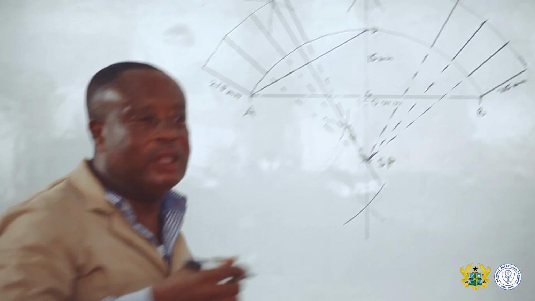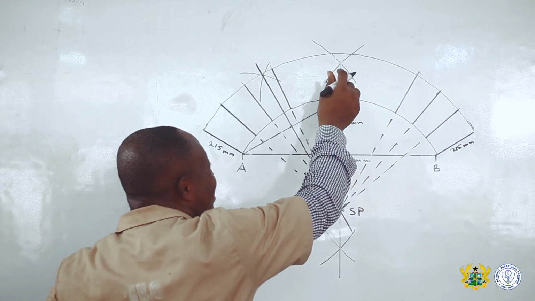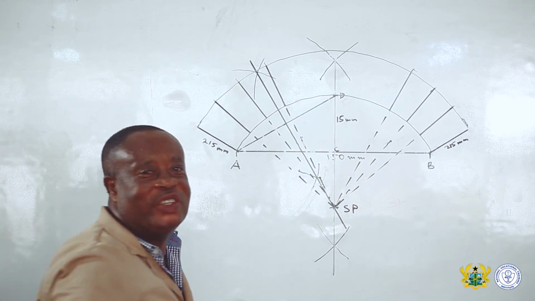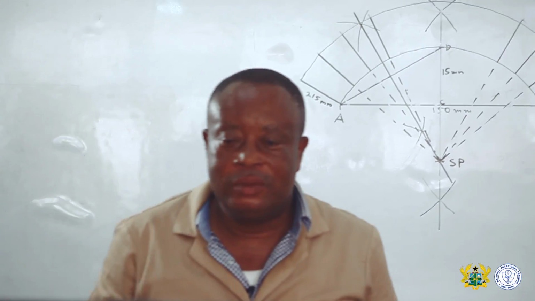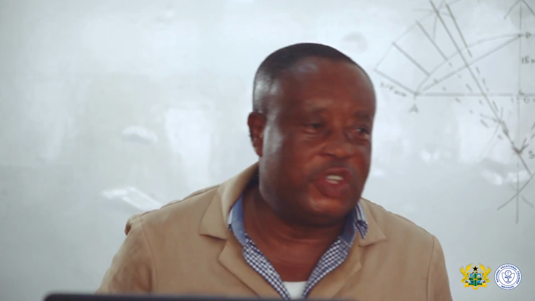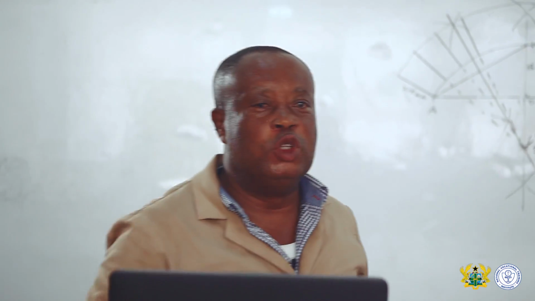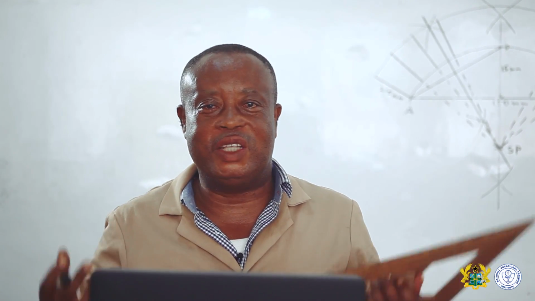I hope you can just continue your marking until you reach the end. In summary, if you want to bridge an opening using an arch, as technicians, you have to know how to set out. One of the methods is by the use of segmental arches.